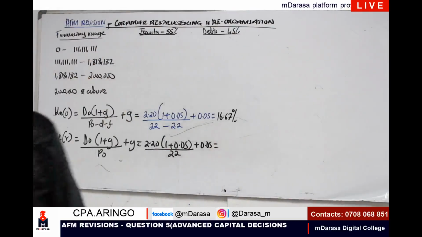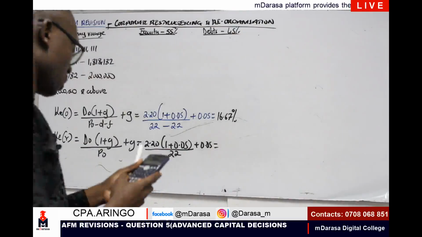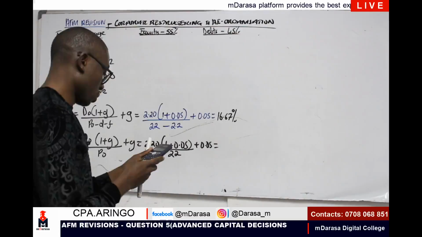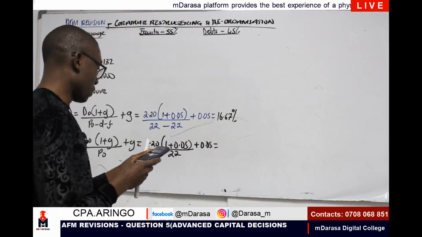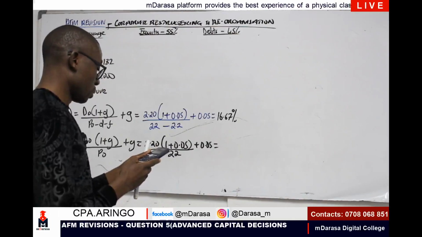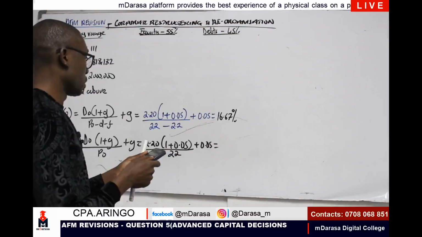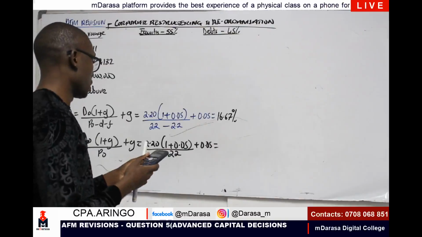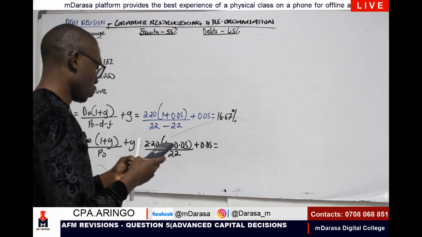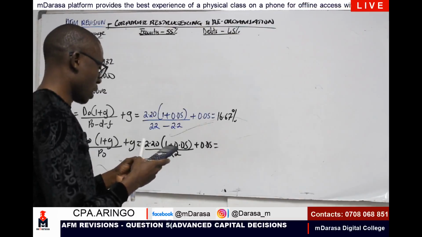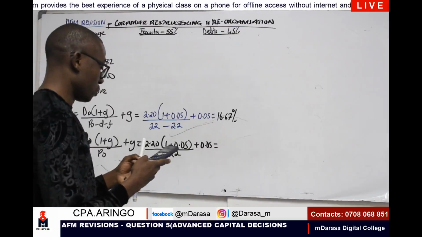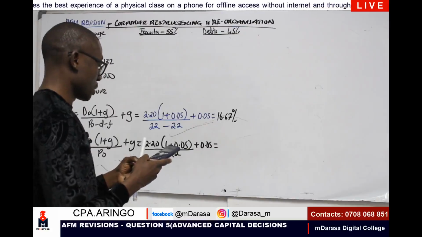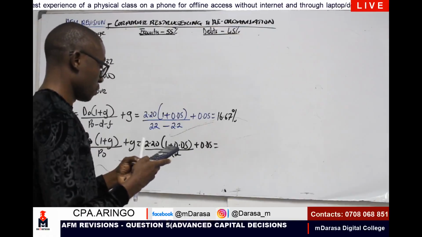That should give us 2.2 times 1.05 divided by 22, plus 0.05.